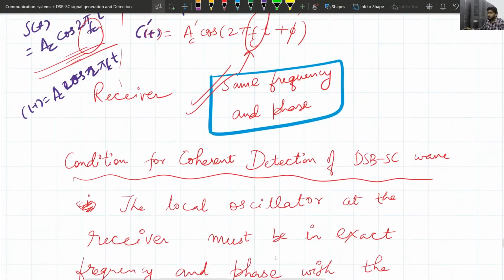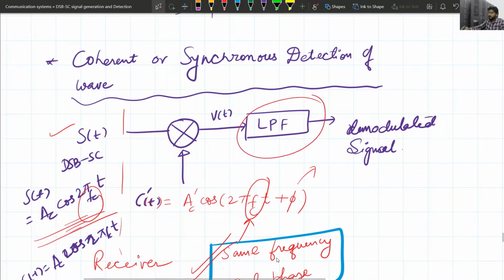So we will apply a suitable low pass filter to obtain the demodulated signal.